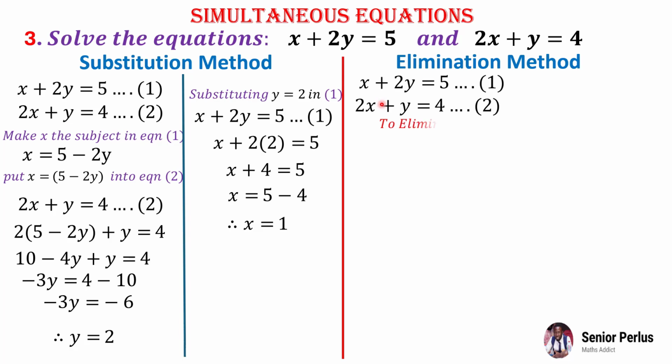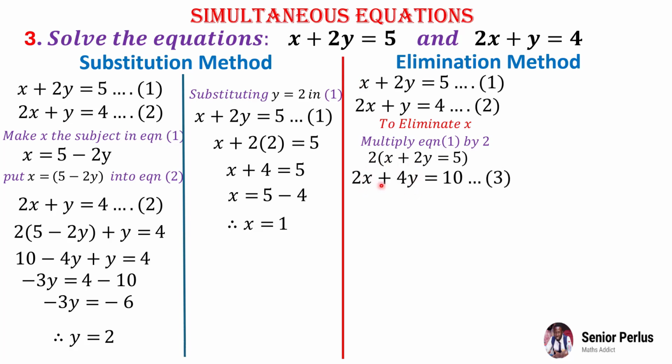So I want to eliminate s. Then I'll multiply equation 1 by 2. So here I'll get 2s plus 4y equals 10. I'll make that one equation 3 now.